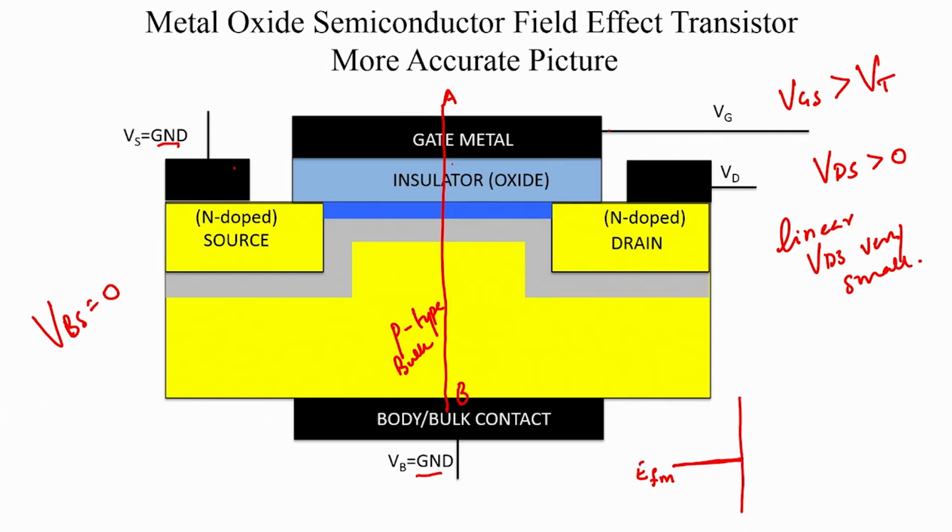So, this is your A, that is your A dash, and from A dash to A double dash we have the region of the insulator.